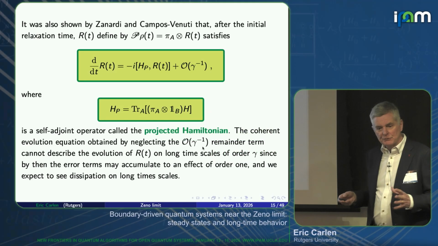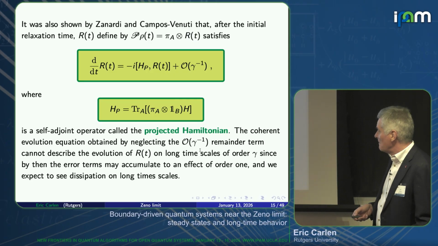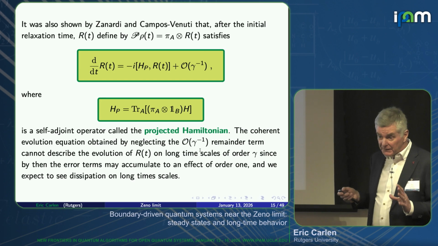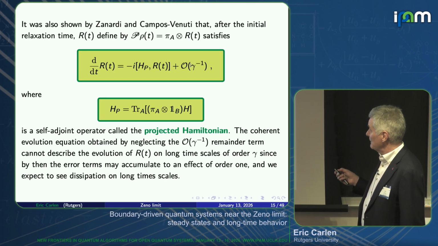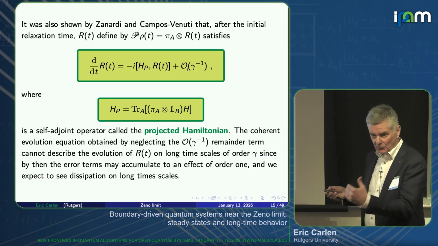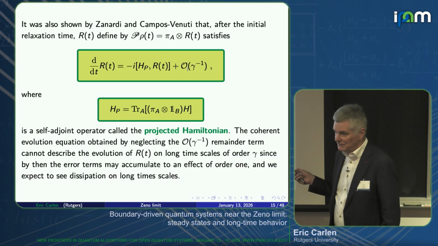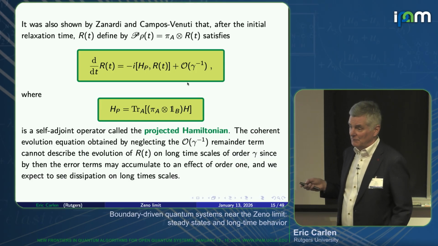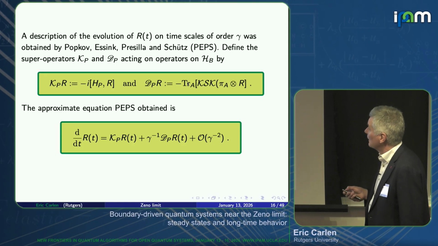The coherent evolution equation you get by throwing away this term can't describe what's going on for a long time, which is what we're interested in, because at times of order gamma, the errors add up to something of order 1. But more important, we know there's dissipation in our system, and you never see that with this coherent equation. So what goes next?